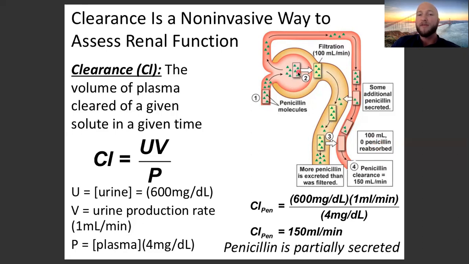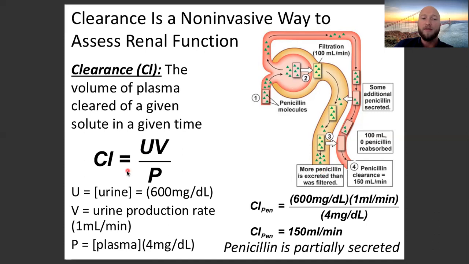So we have penicillin entering the renal tubules via filtration and via secretion. There's no reabsorption. So we're going to end up with a lot of penicillin in our urine.